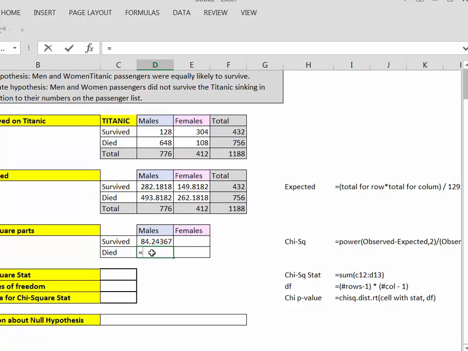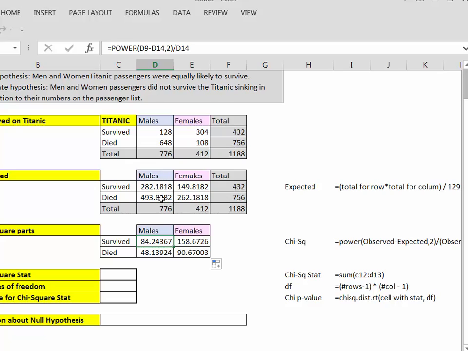I do the same thing, and this one actually I bet I can do by dragging down. Yep, I bet it'll let me do it, and I bet it will let me drag both of them to the right. And this time it worked because when I went from this cell down, it went from this observed to this observed.